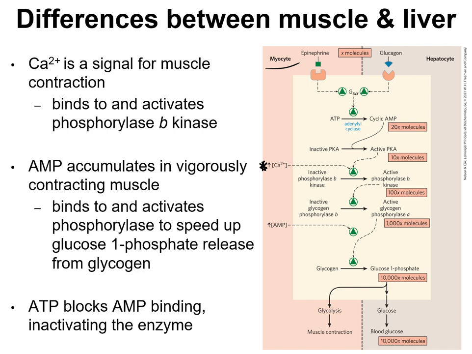Which makes sense. If we already have enough energy, then there's no need to keep doing this process and releasing more glucose. That glucose 1-phosphate gets converted to glucose 6-phosphate, and then it goes to glycolysis, which helps to fuel muscle contractions. So it helps to maintain the muscle contractions because you're making energy.